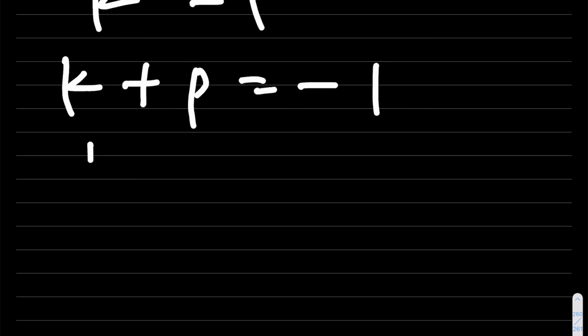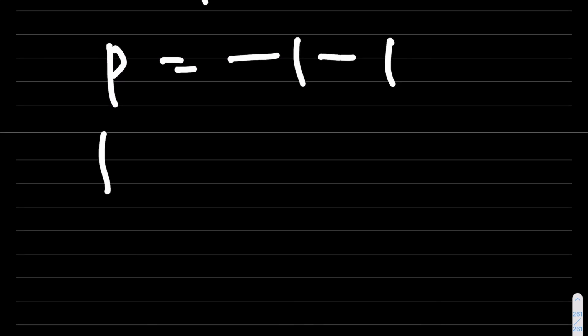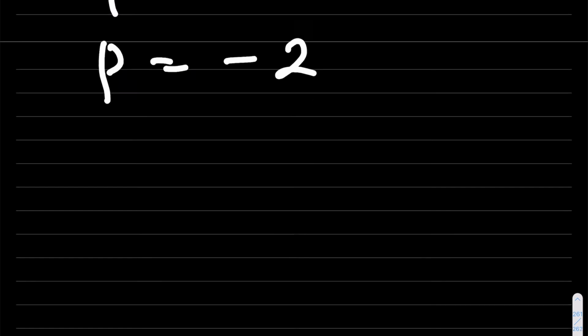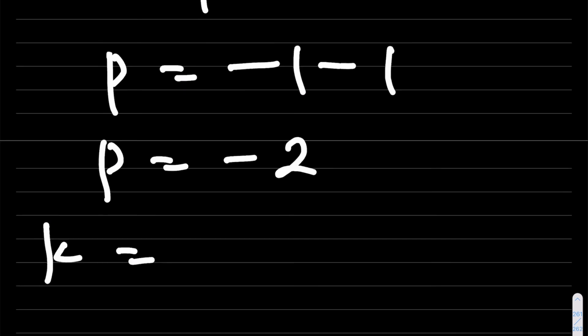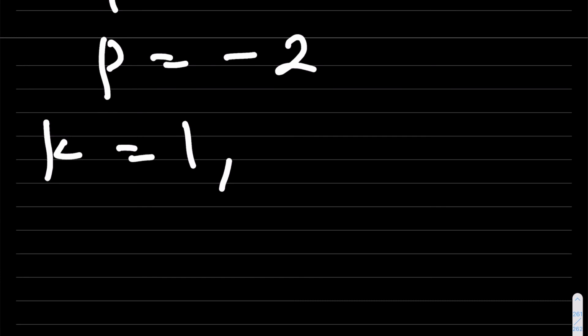And that simply means 1 plus p equals minus 1, which simply means p equals minus 1 minus 1. And that means p equals minus 2. So k equals 1 and p equals minus 2. And the correct option is C. k equals 1 and p equals minus 2.